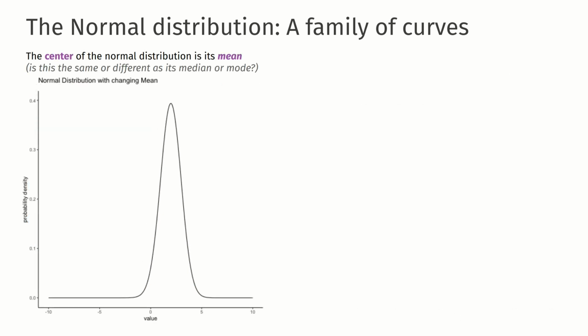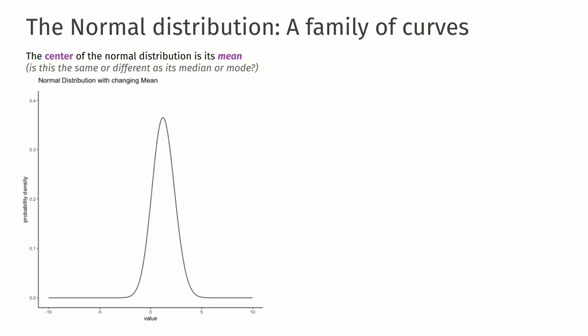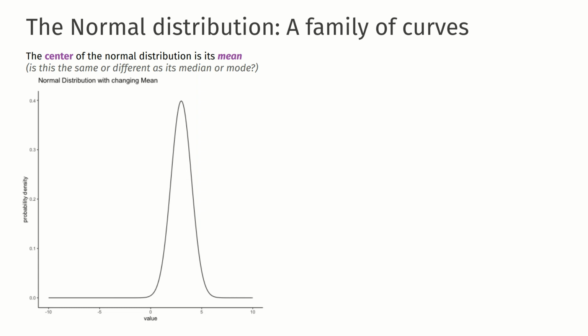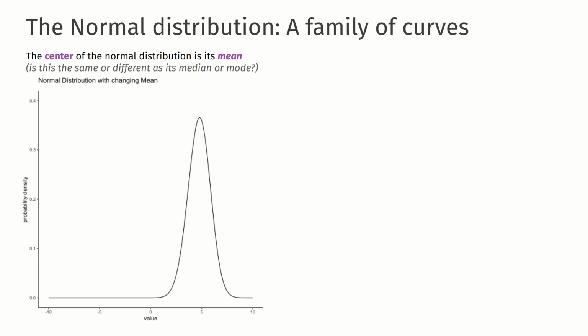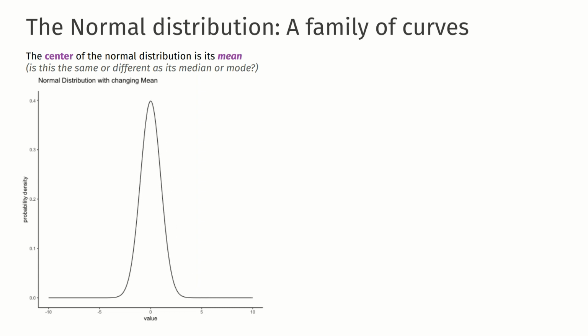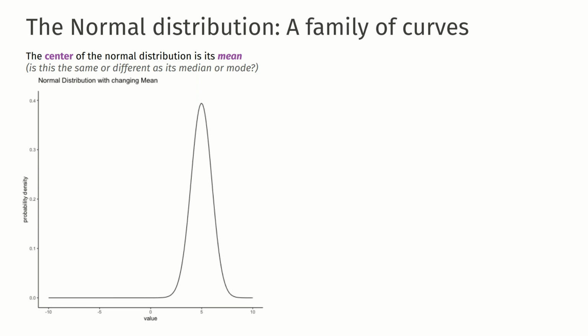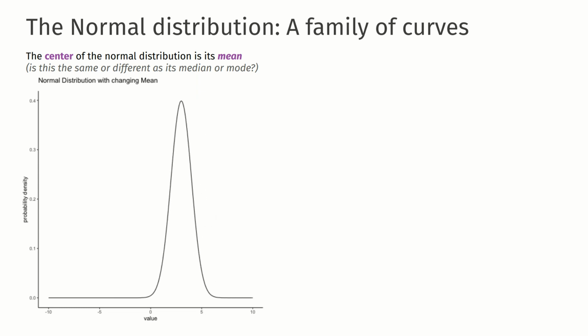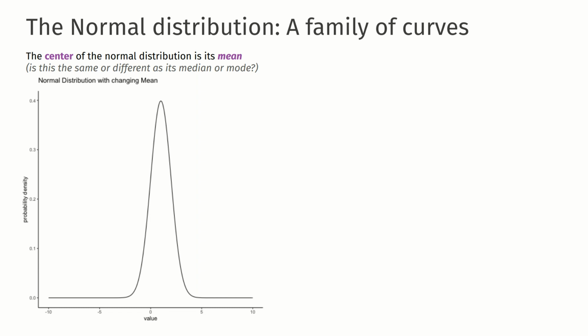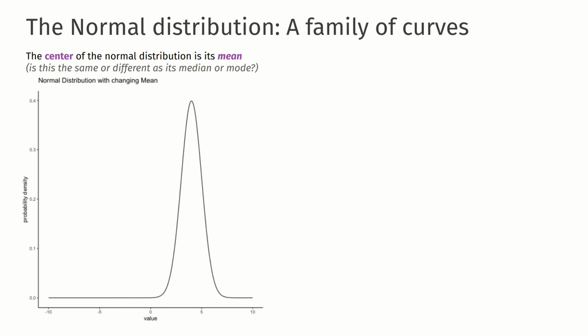We can see this in this little animation prepared by Matt Crump, showing the center of the normal distribution being shifted around. The center of any particular application of the normal distribution is given by its mean, and I will throw this out to you to think about.